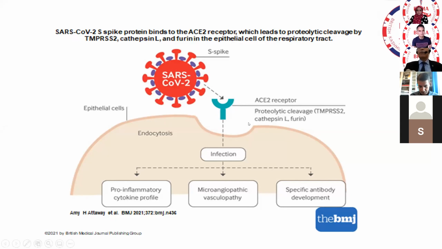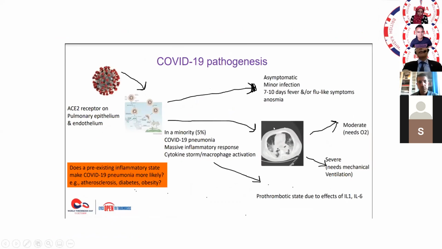And once it gets internalized, it leads to a very intense pro-inflammatory cytokine storm in a proportion of patients, which leads to this peculiar phenomenon called microangiopathy or intrapulmonary thrombosis before we develop an antibody response. And the majority of the patients actually do not get unwell; they remain asymptomatic or recover.